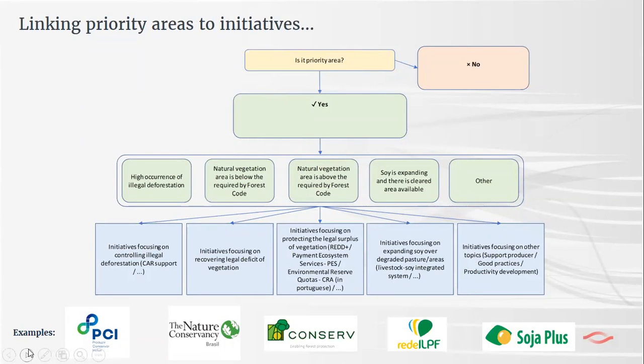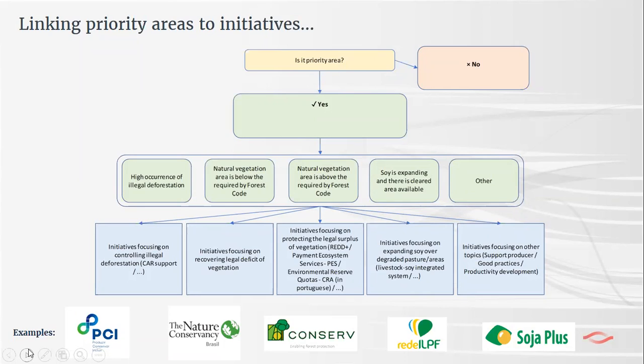So ProForest, our NGO partners who have a presence in Brazil, developed some criteria for screening initiatives, and this was largely based on the specific context of those municipalities when it came to the type of land use dynamics being faced in those particular locations.